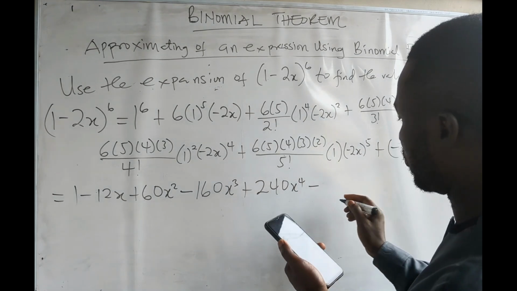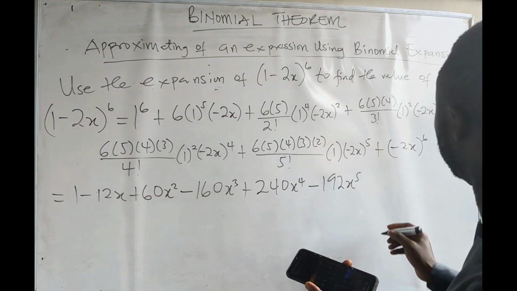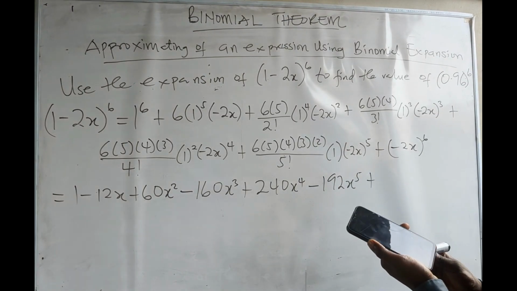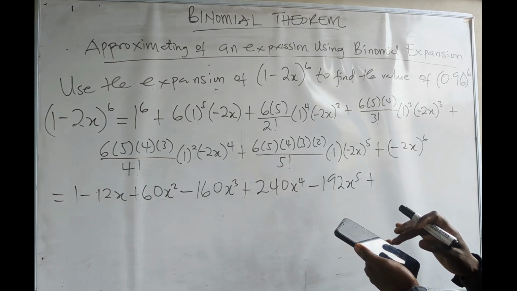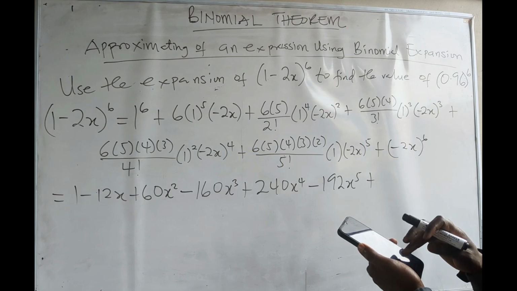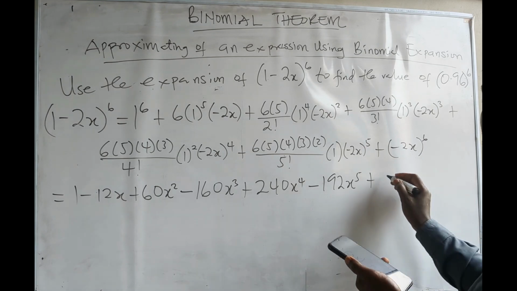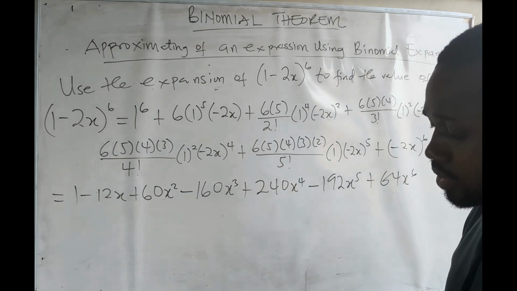That will be minus 192 x exponent 5. So then finally plus negative 2 exponent 6. That will give us 64 x exponent 6.